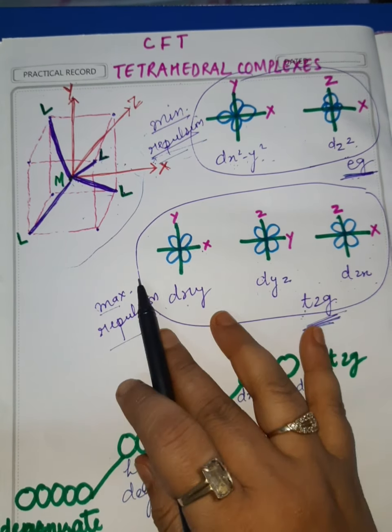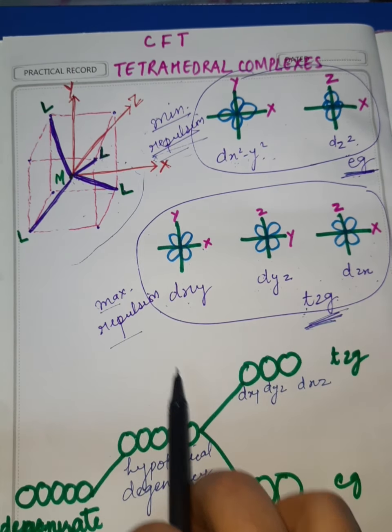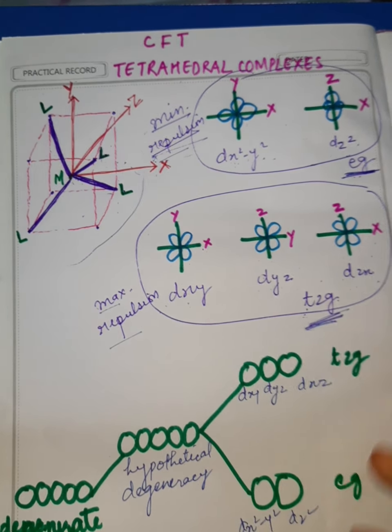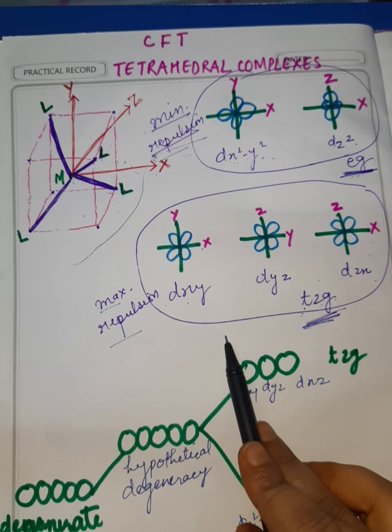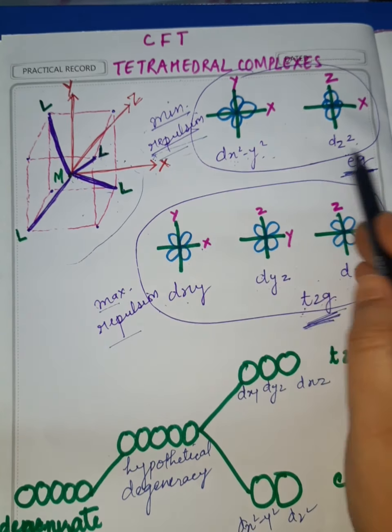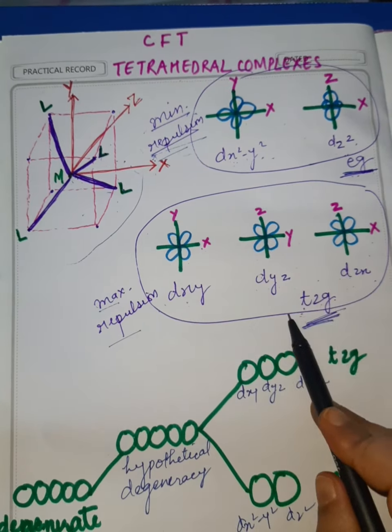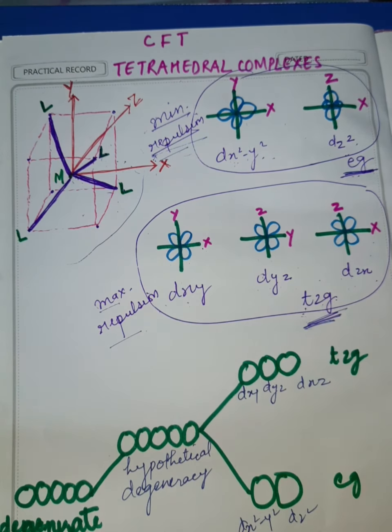Now the situation in tetrahedral complexes is just opposite to the octahedral complexes. In octahedral complexes, T2G has the minimum repulsion and EG the maximum repulsion. In tetrahedral complexes, EG has the minimum repulsion and T2G the maximum repulsion. So splitting will be opposite to the octahedral complexes.